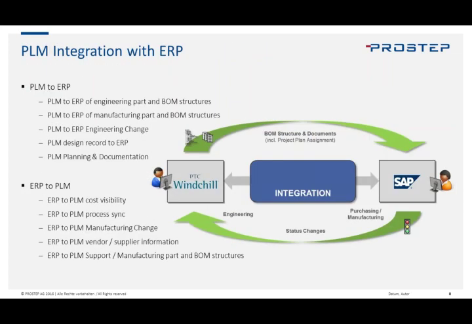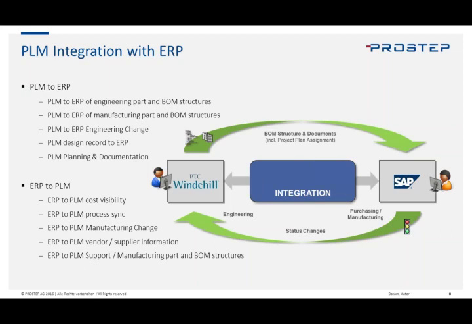PLM integration with ERP. Specific requirements and use cases for this would be synchronizing PLM data for engineering parts and BOM structures, manufacturing parts and BOM structures. You could handle that in both systems. That could be done within the PLM system or within the ERP system.